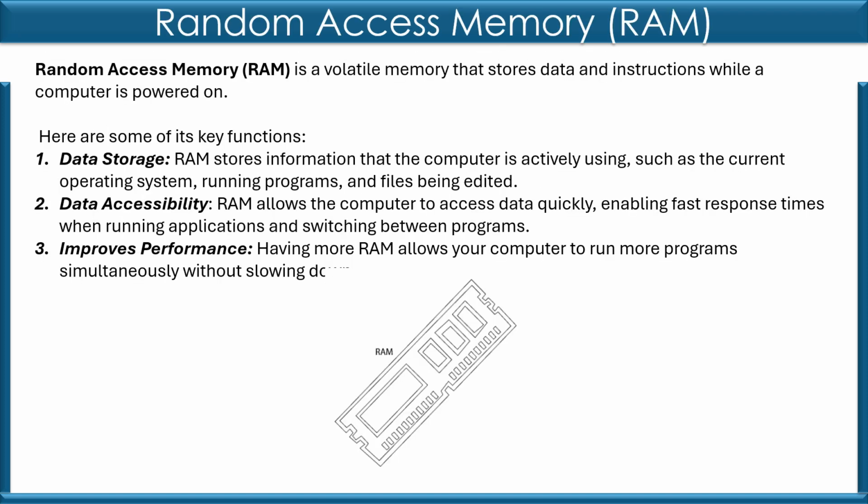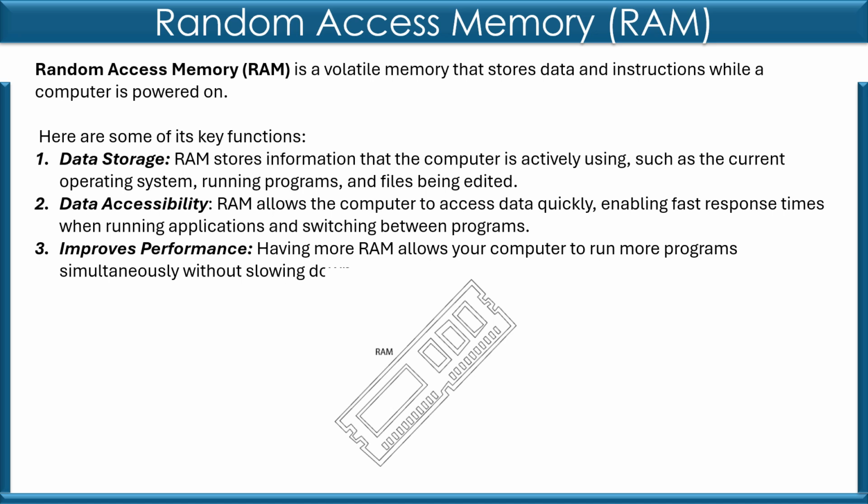Random access memory is the other one. It's a volatile memory that stores data and instructions while the computer is powered on, meaning if it is powered off, it loses such data. Its main functions include data storage, data accessibility, and also improving the performance of your machine.